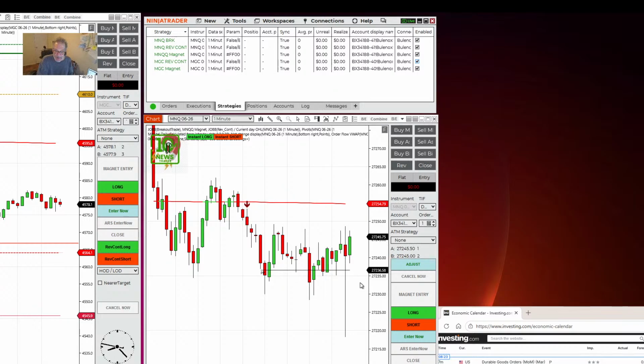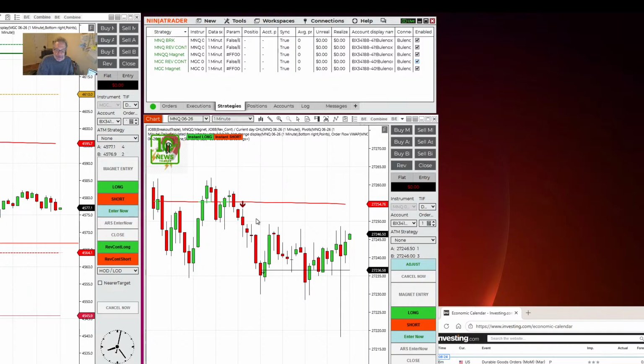If we would have had a magnet trade on automatic, magnet trades can be discretionary or automatic. When they're discretionary, you get an audio alert when it hits a magnet area. A magnet area, if you look at the gold chart, are these heavy lines. That's our order.